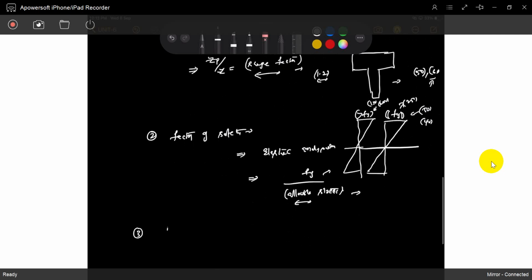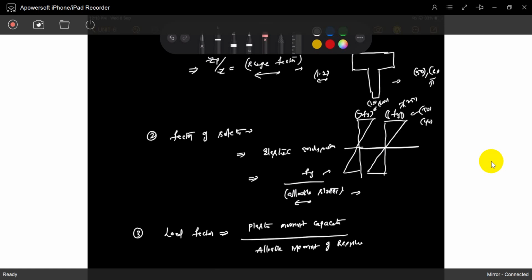So what is our load factor? Load factor is the plastic moment capacity divided by the allowable moment, not the elastic moment or elastic capacity, only the allowable moment of resistance.